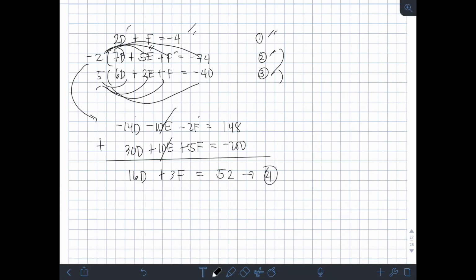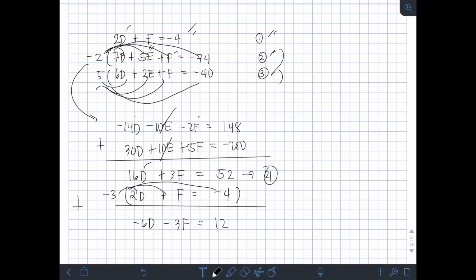Then tsaka natin i-compare dito sa equation 1: 2D + F = −4. So, para ma-eliminate, let's say si F, multiply na lang natin tong equation 1 by negative 3. So we have distribute: −6D − 3F = negative 3 times negative 4 is positive 12. And then, tsaka natin i-add.